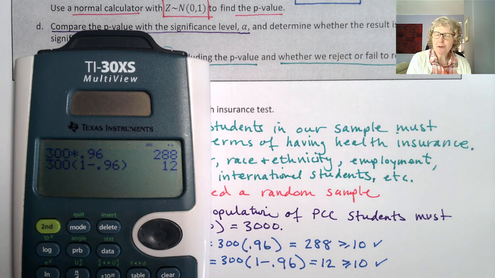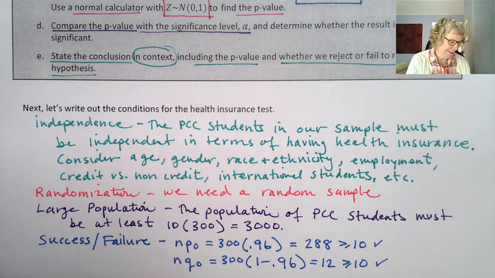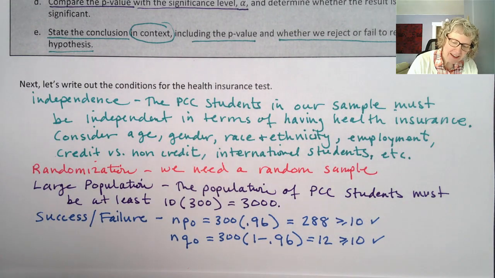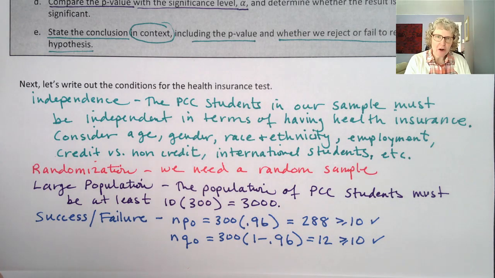I don't love the word failure, but success means the thing we're counting or looking for, and failure is the thing we're not counting or looking for. So in this case, failure is not having health insurance, but it's not a failure in life. Okay, so those are our conditions.